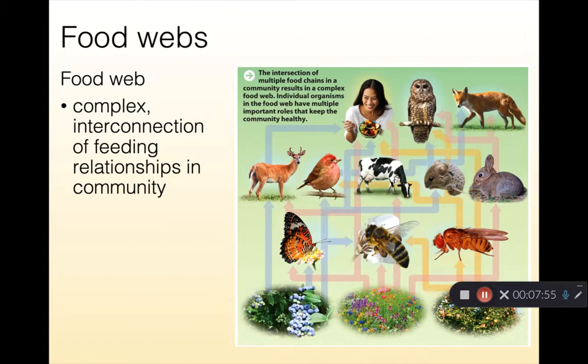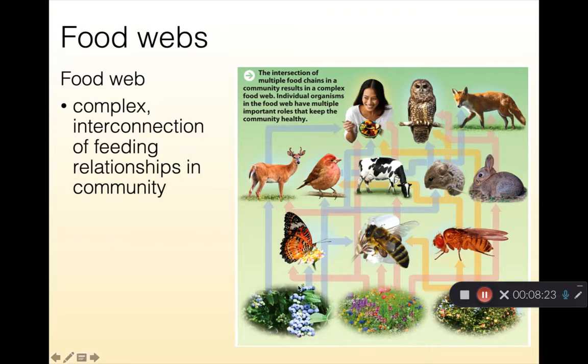For example, in our previous slide, hawks don't exclusively prey on mice. They might eat other voles or other small mammals. So they're not 100% dependent on the trophic level below them. And that's what ecologists like to think of when we're looking at food webs. This is showing all the different options that exist between the different levels.